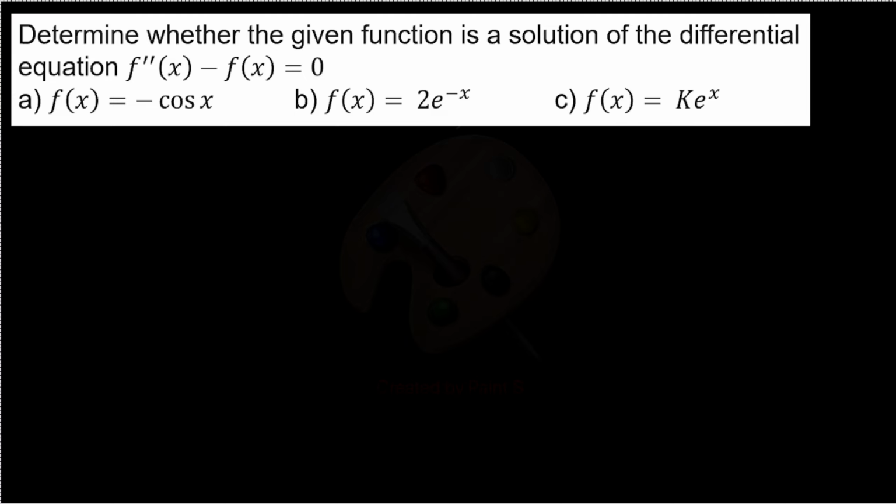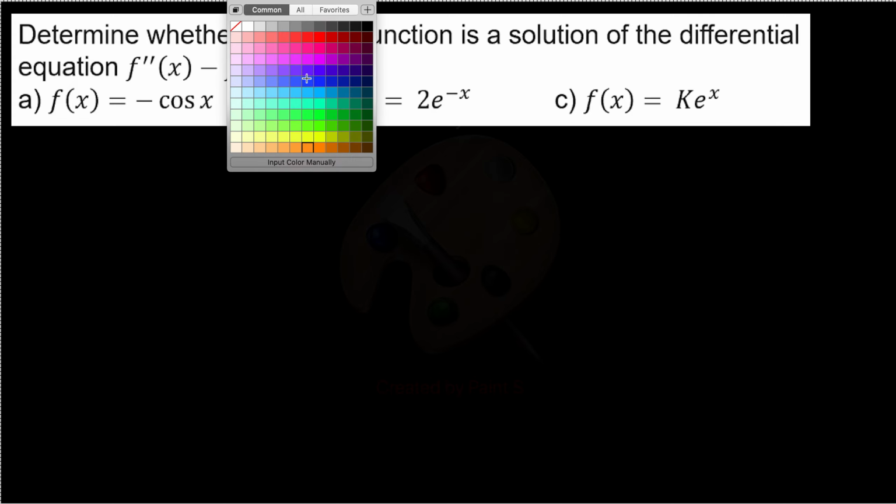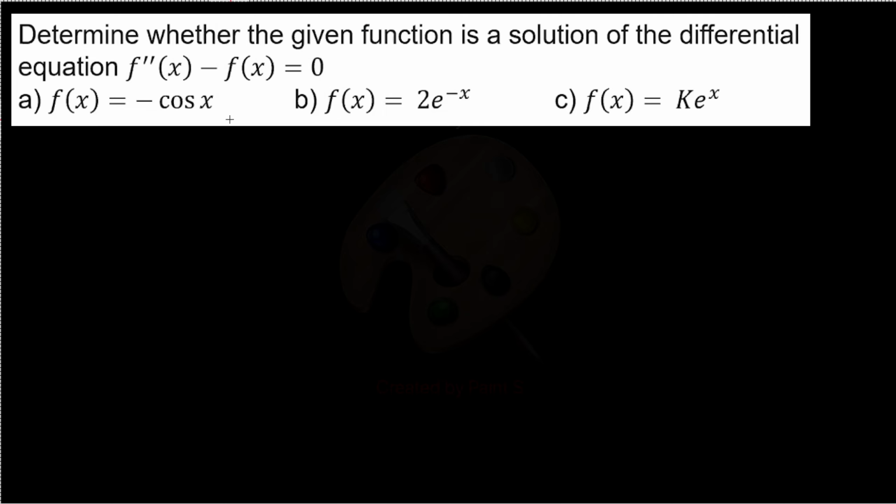Okay, so now I'm given the differential equation, and I have to see which of these is going to give me a solution. So let's try this one out. In this case, I want to check a. So what do I need to do? I need to get to the second derivative.